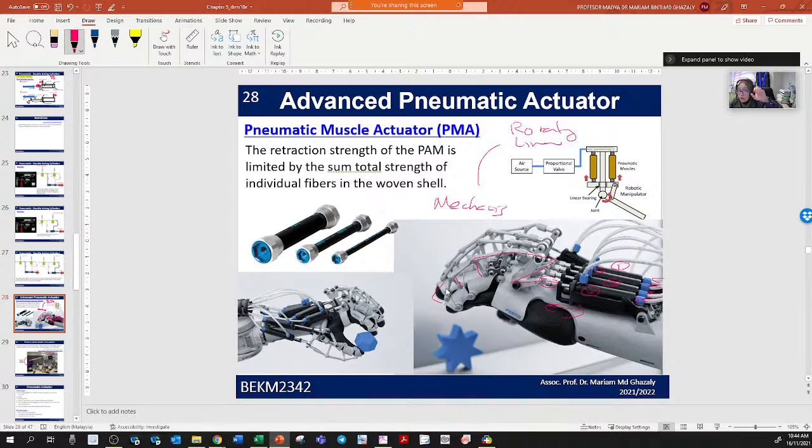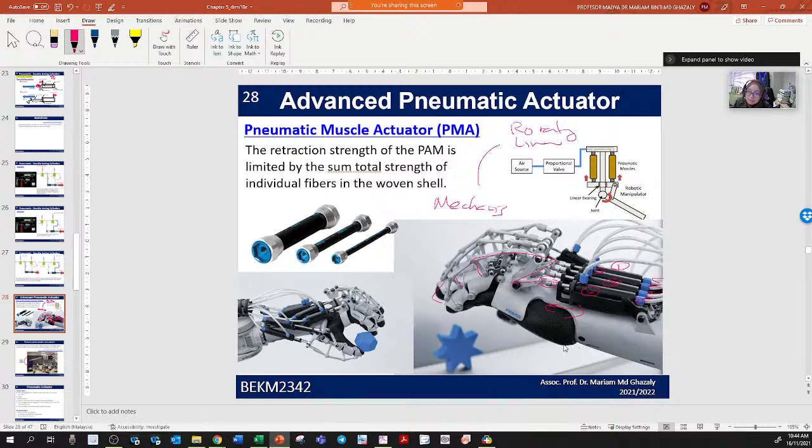rotation. Okay, so why rotation? Because if you look at the finger, the movement is not linear. If it's linear, it moves like this, but it's rotating at the hinges, the linkages and hinges. So your finger is moving, and because of that, you need a mechanism.